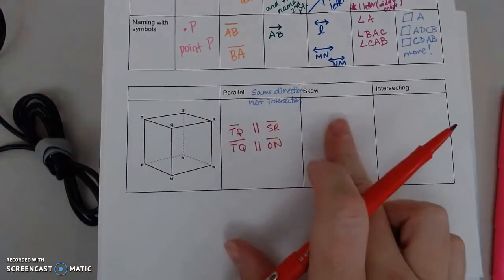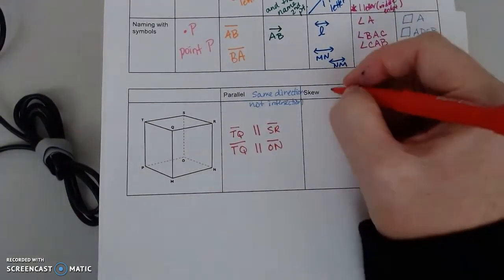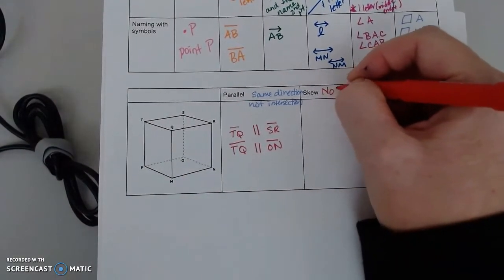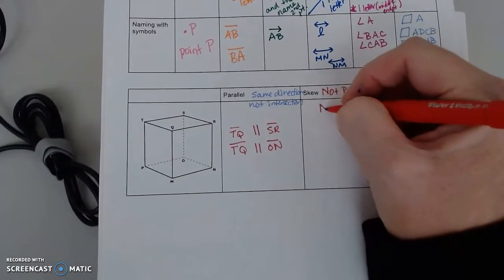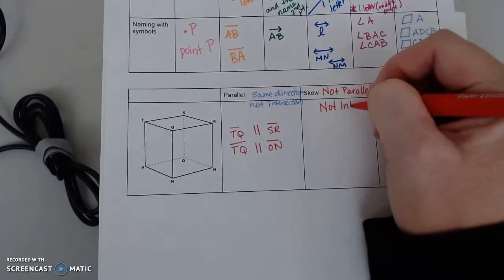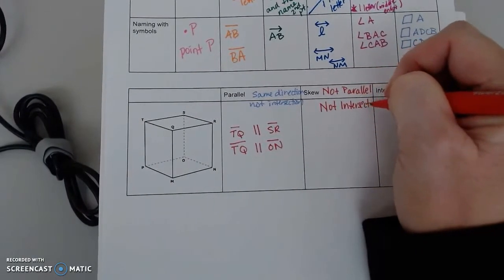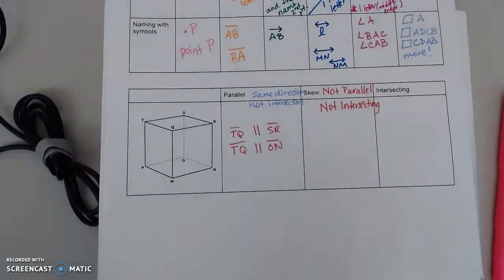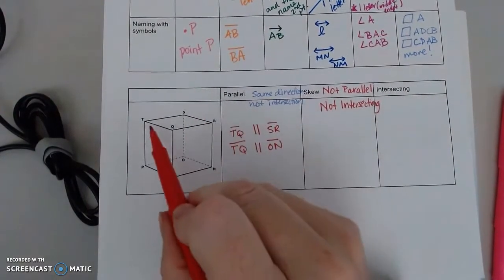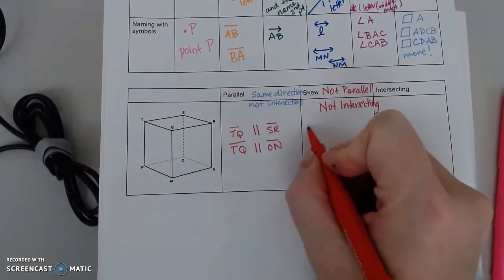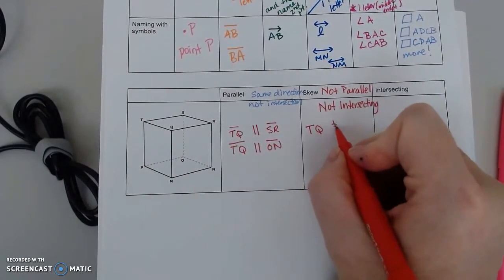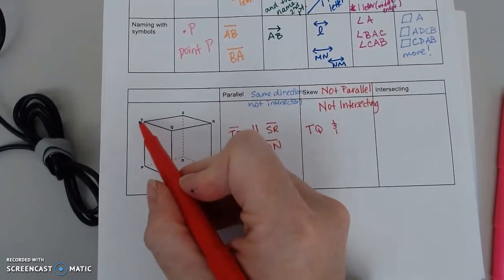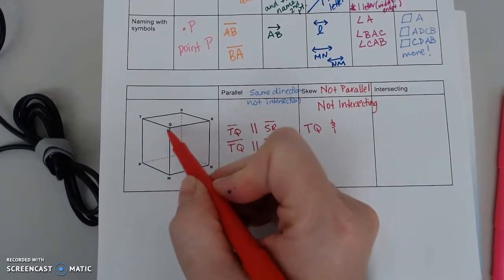Now, skew gets missed a lot. So skew means that it is not parallel. Everybody gets that, but not intersecting. Okay, so I'm going to start with TQ. There's no symbol for skew. So TQ and, so I want something that's not parallel with that and it's not going to touch it.